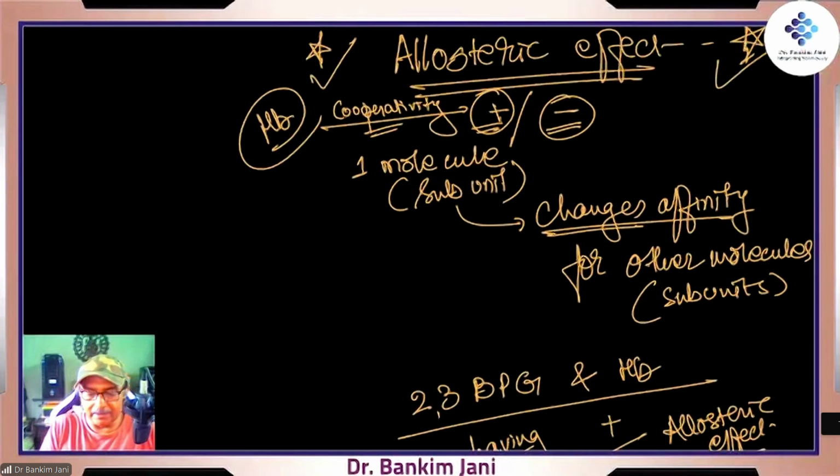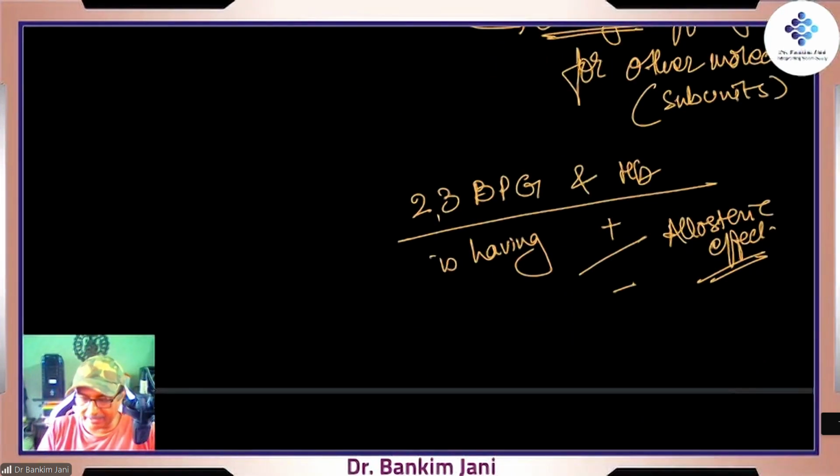The meaning is that one molecule or one subunit of hemoglobin will change the affinity for other molecules. If it is increasing the affinity, it is positive. If it is decreasing the affinity, it is negative. So the question is, do 2,3-BPG and hemoglobin have a positive or negative allosteric effect?